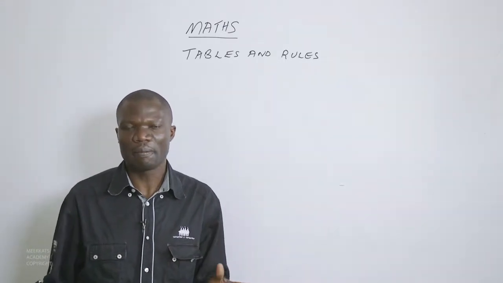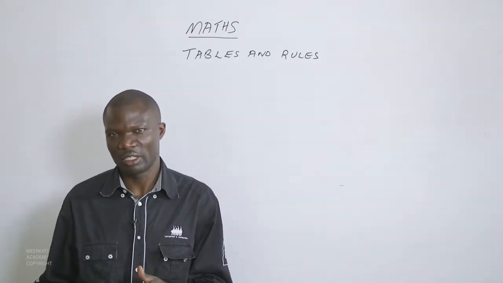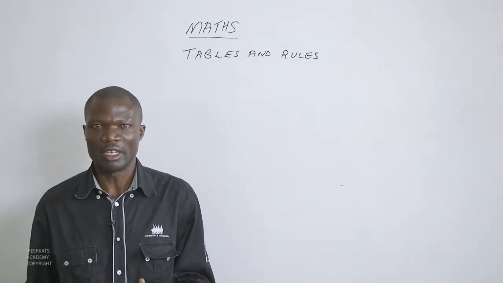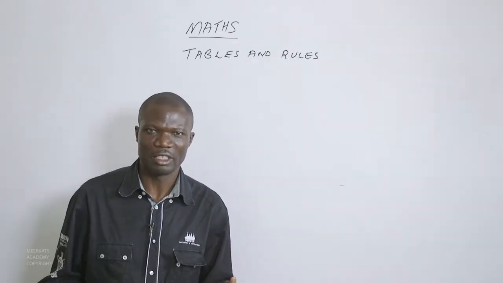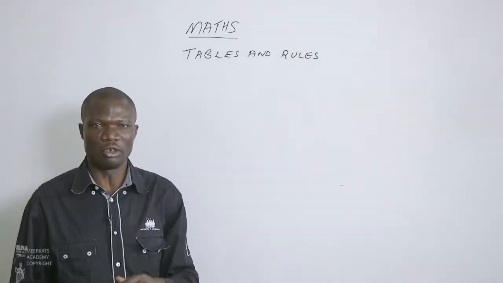Now, previously, we have looked at number patterns, sequences, and spatial patterns, and we've seen how to relate the spatial patterns and the number patterns. Today, I want us to look at tables and rules.